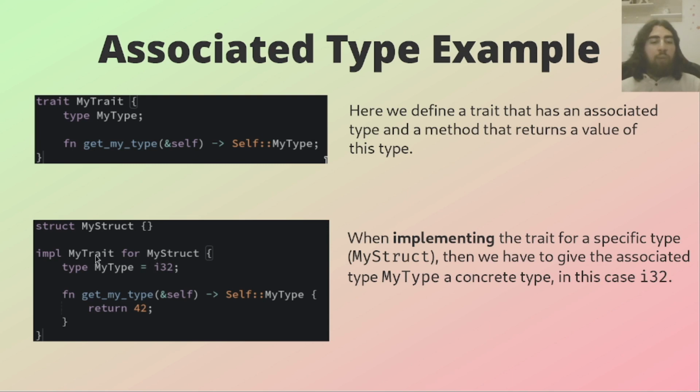As you can see, when we implement the MyTrait for MyStruct, we define here that MyType should be i32. And this method over here will then return an i32 type. And this is defined over here. And we can access the associated type using Self, uppercase, double colon, and the name of the associated type. Now again, Self here stands for the type we are implementing this trait for. So in this case, MyStruct.